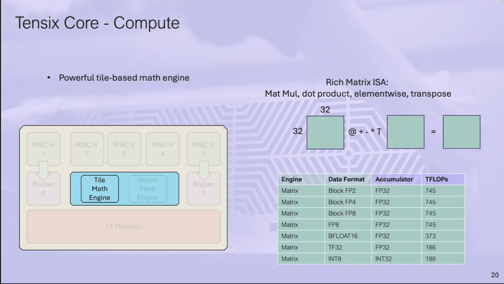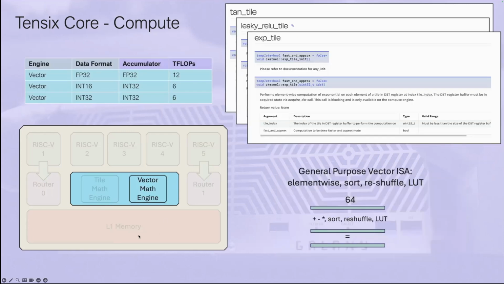So on top of the tile math engine, we also have a vector math engine. A vector math engine you can think of as a 1D array, which is popular for element-wise operations.